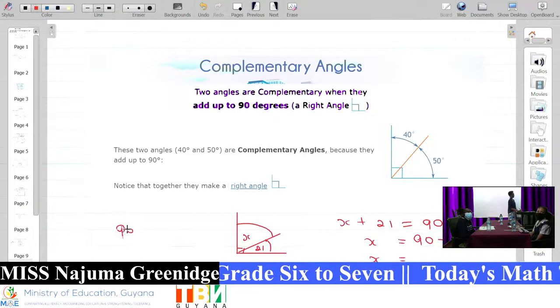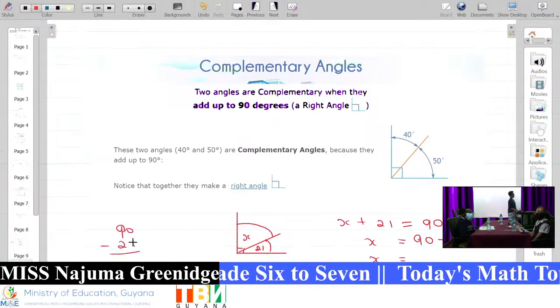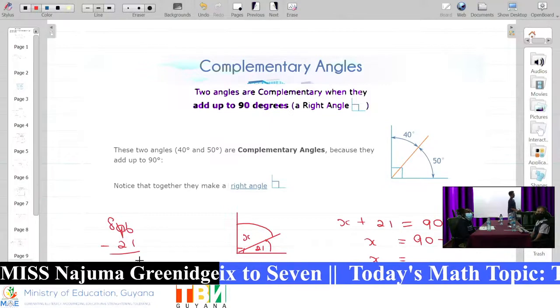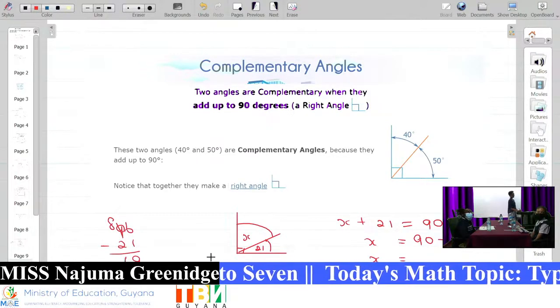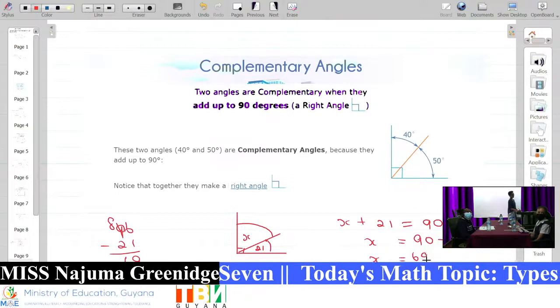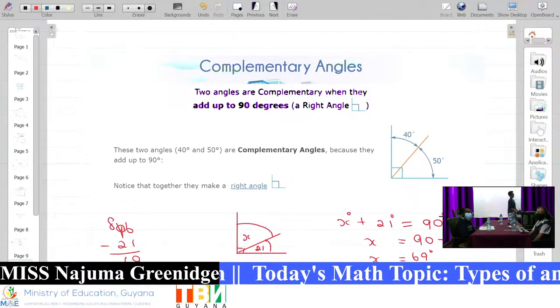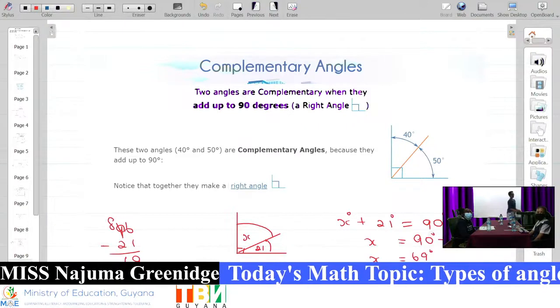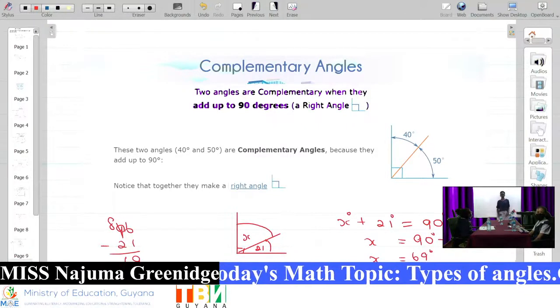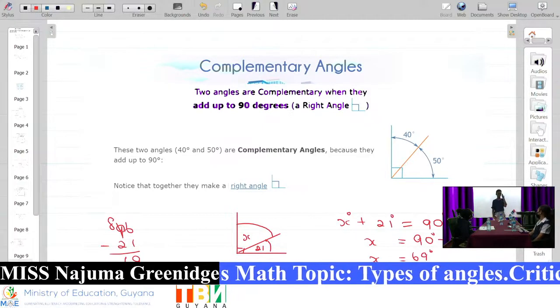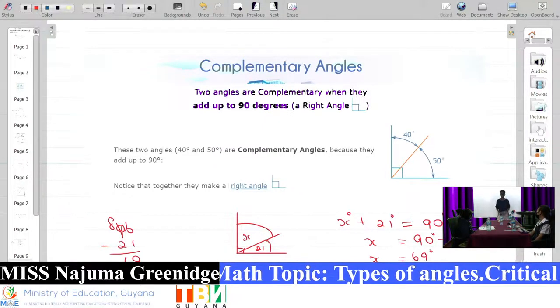Let's do 90 minus 21 here. We borrow 1, 9 becomes 8, 0 becomes 10. So 1 from 10 is 9, 2 from 8 would be 6. 69 degrees. Put in our degrees, because we're dealing with angles. Angles generally are measured in degrees, or sometimes we use radians.